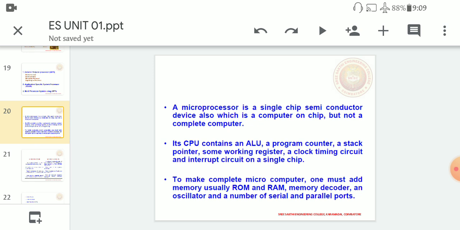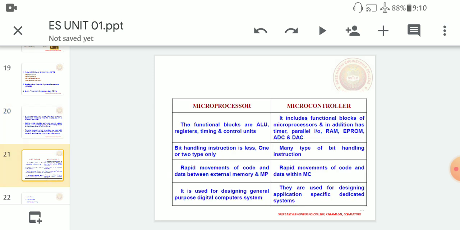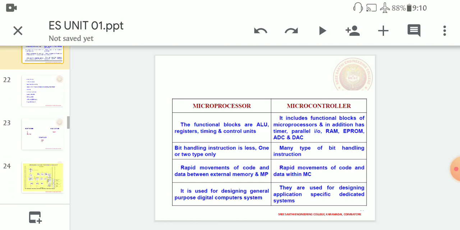Whenever we go up in stage, we have a better processing speed. Just for classification, the difference between a microprocessor and a microcontroller is illustrated here. This difference is for clarification. It shows what exactly is meant by a microprocessor and what exactly is meant by a microcontroller.